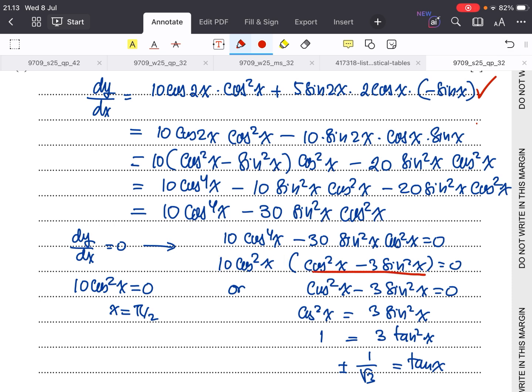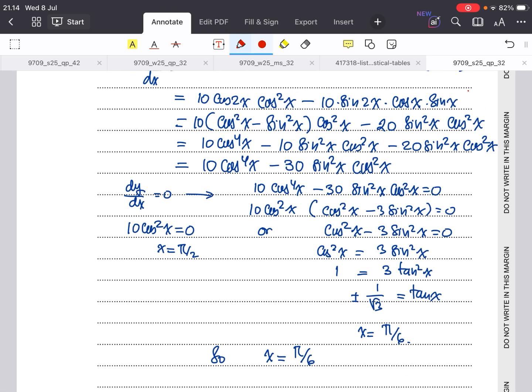So in this parenthesis, we still have cos square x minus 3 sine square x. So for this one, the solution is x equals pi over 2. And then for this part, the solution tan x is plus or minus 1 over square root of 3.